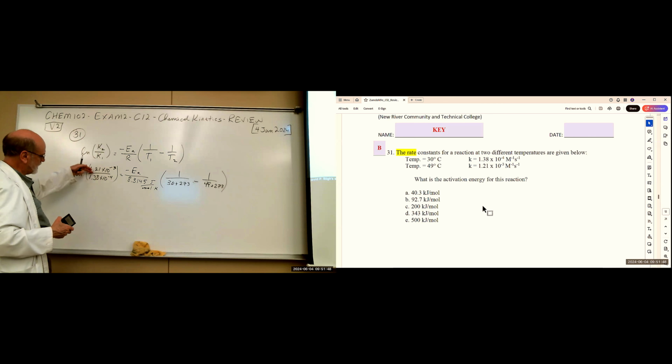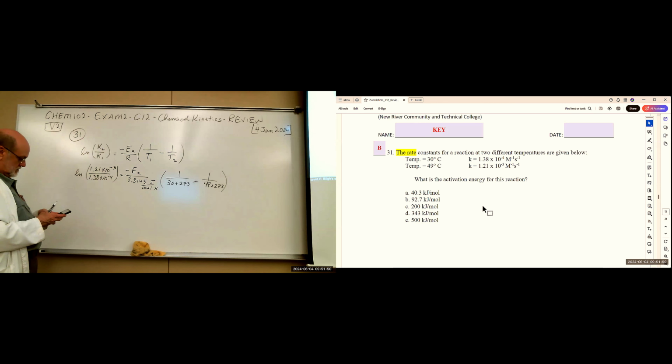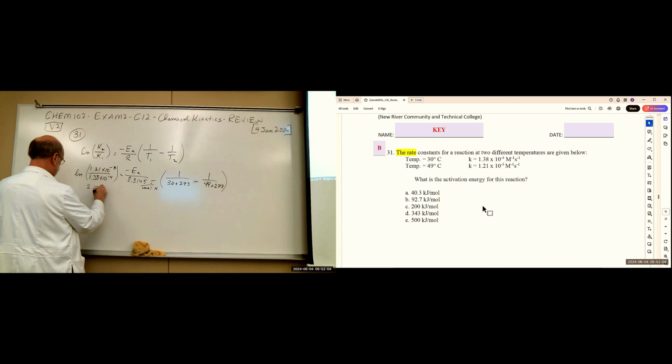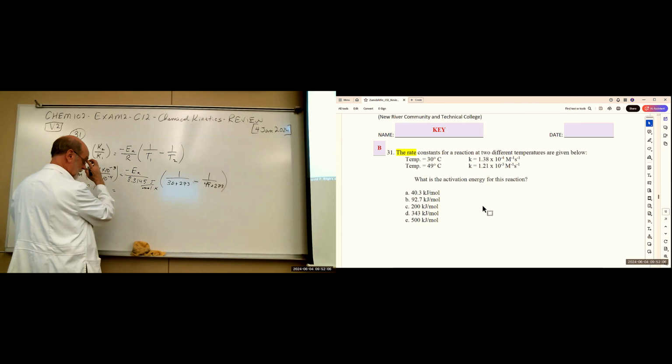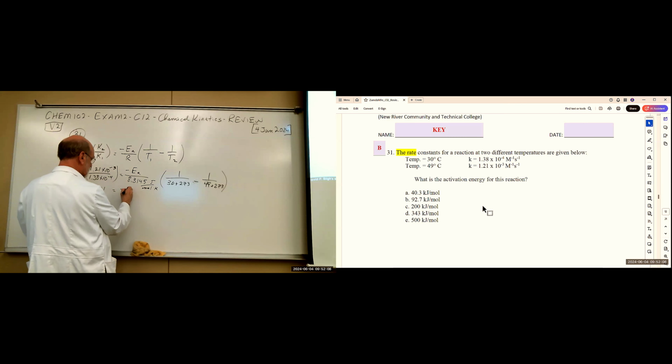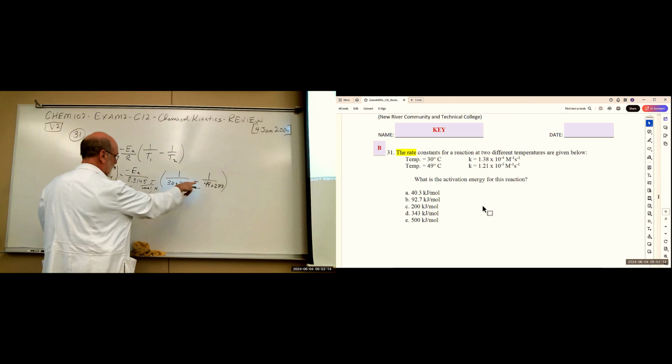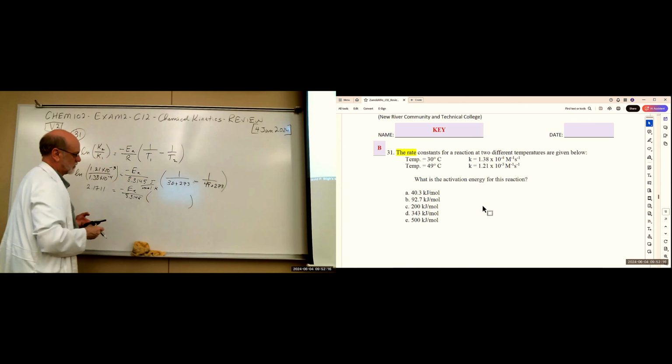I'm going to divide that one by that one and take the natural log of it. I get 2.1711. And I'm going to leave this one alone for now. Let me resolve that number over there.